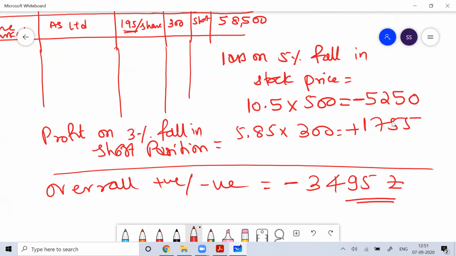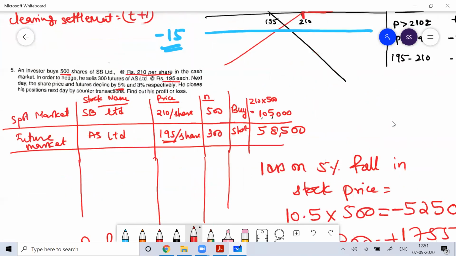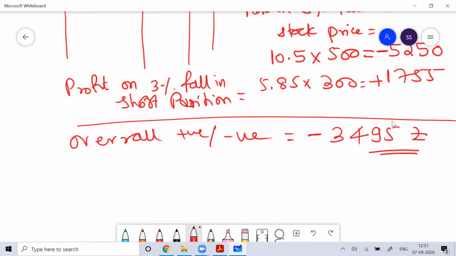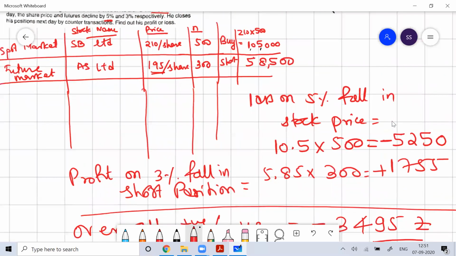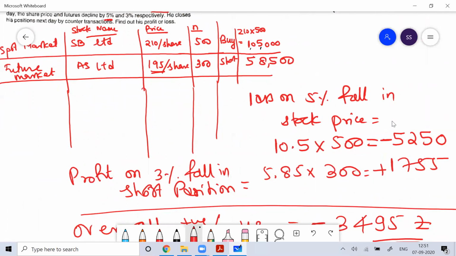This is your overall profit and loss. Clear, everyone? Anyone have any doubt?